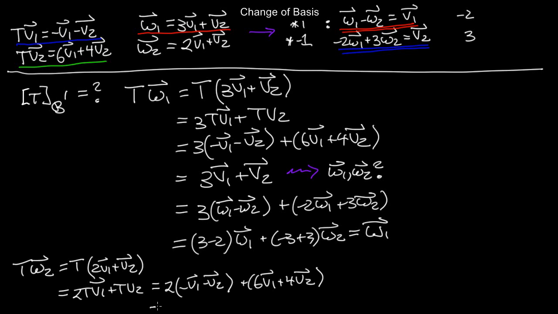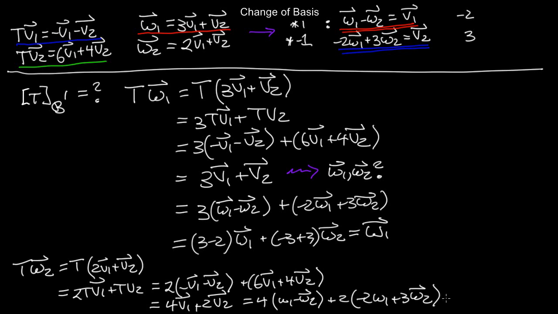And I regroup to get -2 plus 6 is 4V1, and -2 plus 4 is 2V2. And now I go back. V1 is W1 minus W2, and V2 is -2W1 plus 3W2. And finally, regroup one last time. I get 4 minus 4 is 0, and I get 2W2.